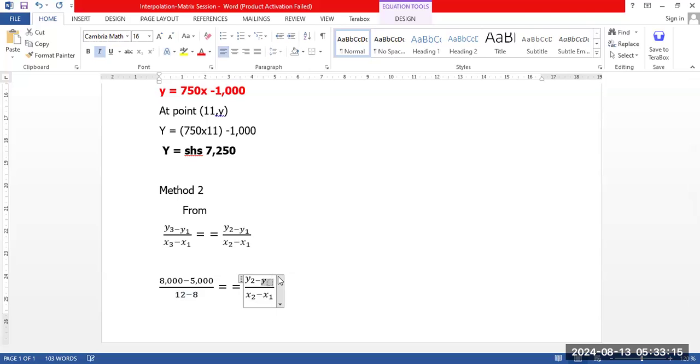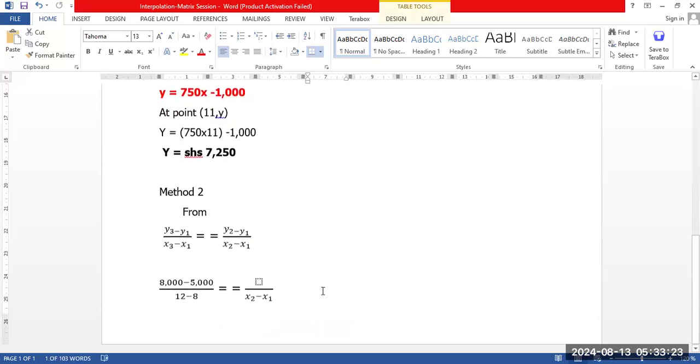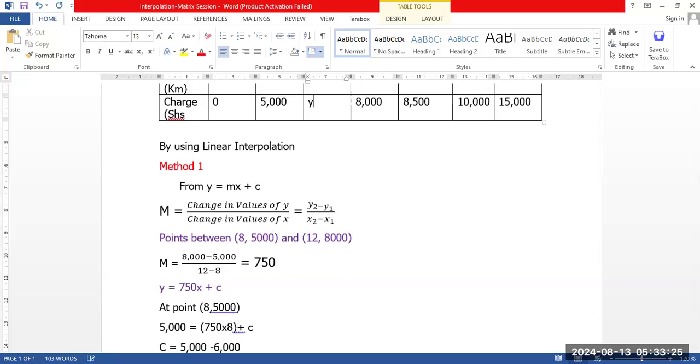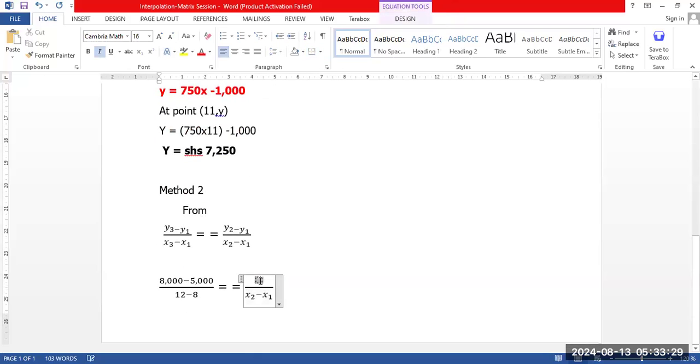what is our y2 in that question? Do we have y2? Y2 is just y, the figure you are trying to get. So this is y minus y1. Y1 is 5,000. Then what is your x2?